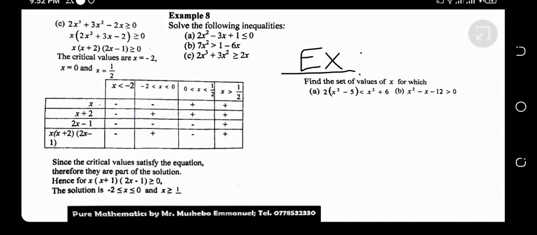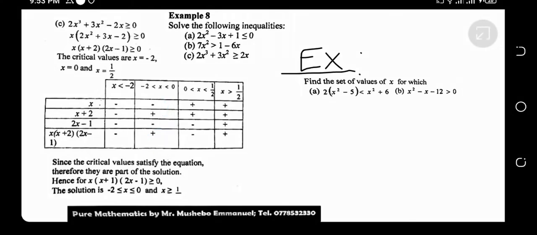Then between -2 and 0, we can pick -1, so x is still negative. -1 plus 2, we get positive. 2 times -1 minus 1, we get a negative answer. So negative times positive times negative, we get a final sign as what? Positive.